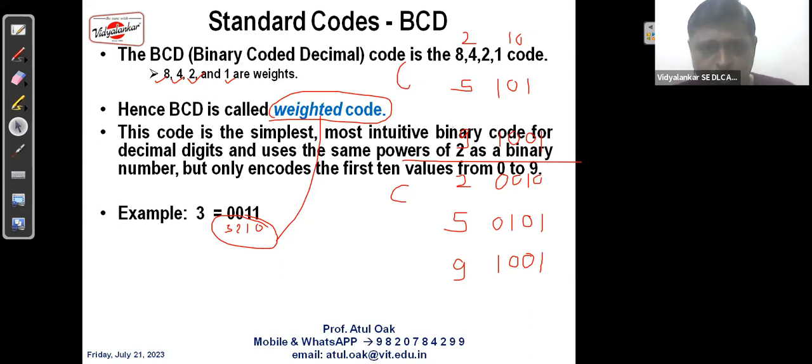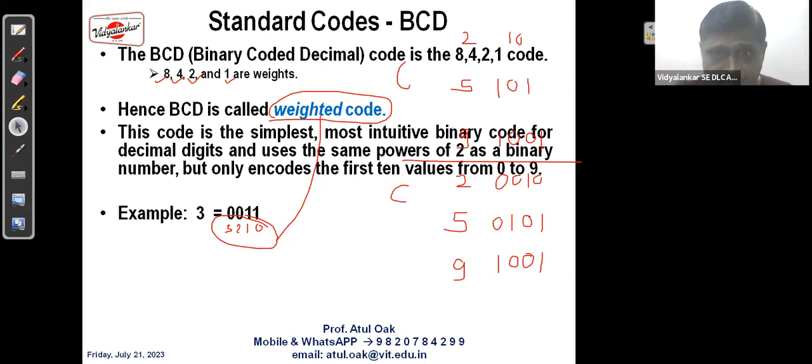Okay, let me answer this question. Using BCD, you can represent 10 digits. If you are good listeners, I have very clearly said BCD is explicitly for the decimal number system. You cannot use BCD for any other number system.